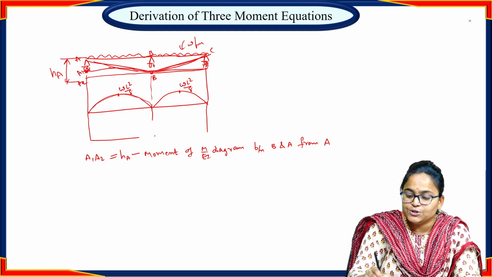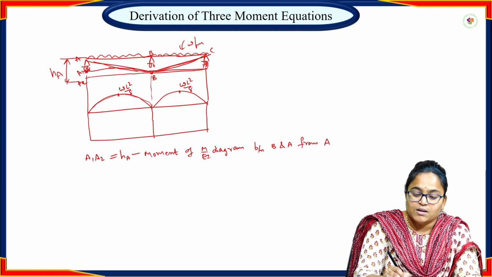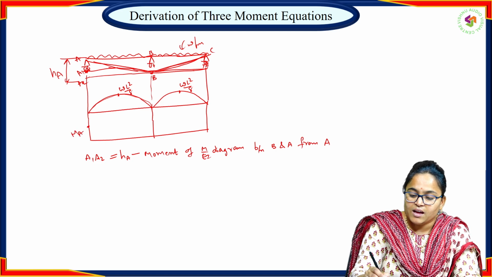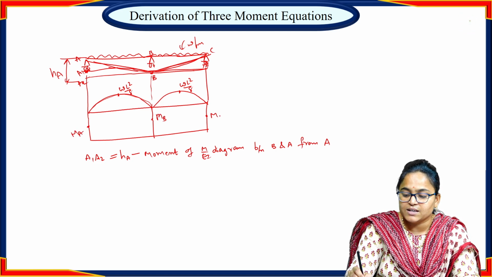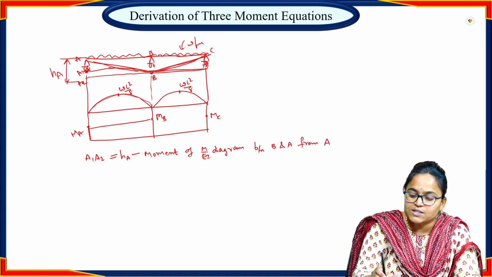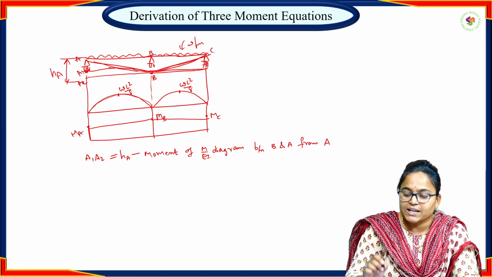Let us assume in this case the moment at A as MA, the moment at B as MB and the moment at C as MC. Now we'll get the fixed bending moment diagram like this.